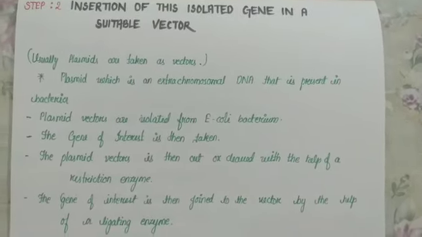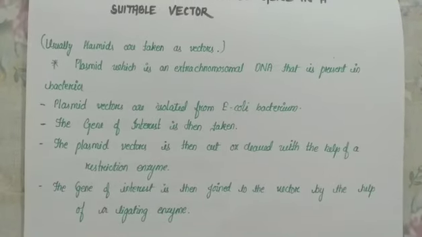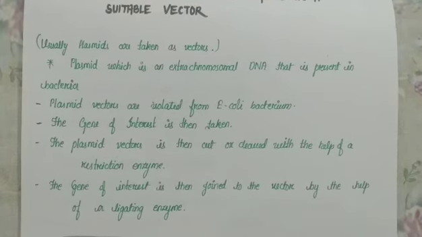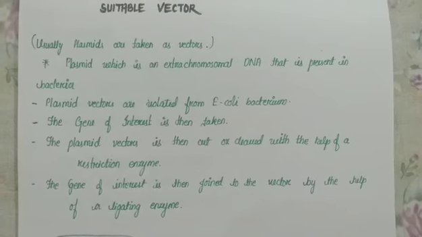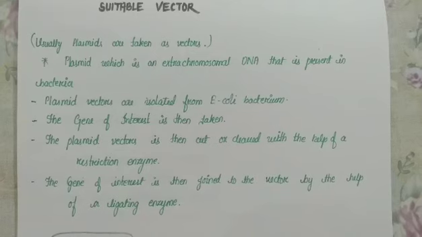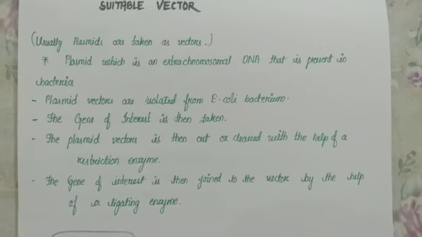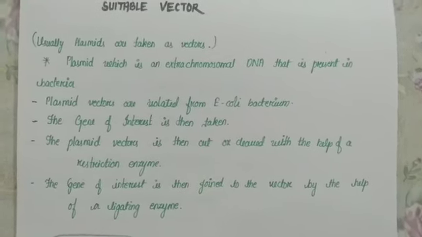So the gene of interest, which is the isolated gene, is here the gene responsible for the secretion of insulin hormone. Let us say this is an insulin gene. So we took the insulin gene, and now we have to insert this insulin gene into the vector.